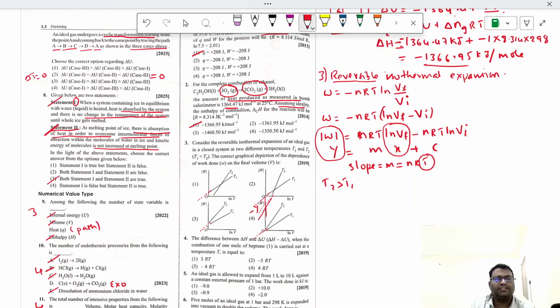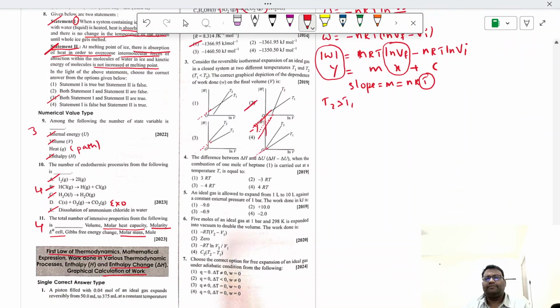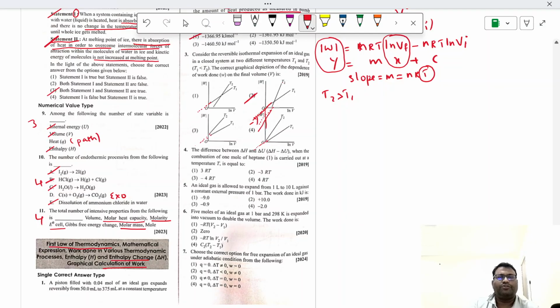More the temperature, more the slope, and the intercept should be on the negative y-axis. So the answer will be this one, right? Next, question number 4. Understood?